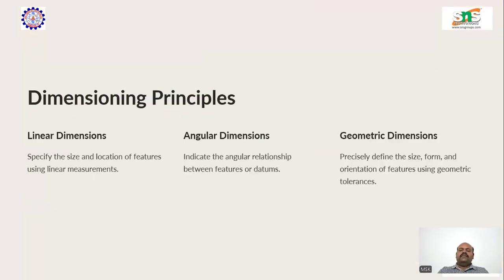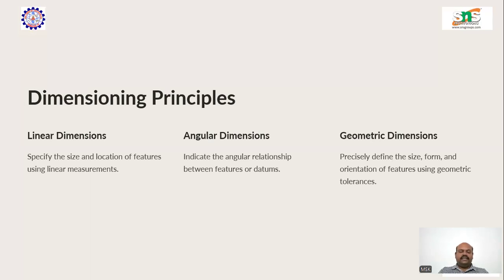When we draw any line, we need to supply dimensions. So how do we specify dimensions? We have three ways to specify. One is the linear way, another is the angular way, and we have geometric dimensions. Linear dimensions give the size and location of features. For angular dimensions, we specify how much a feature is inclined with the datum or reference line.